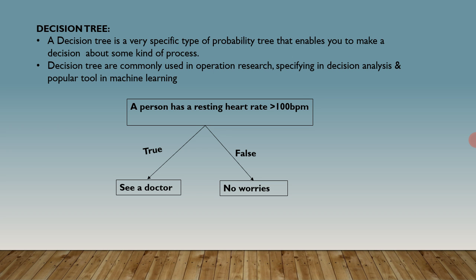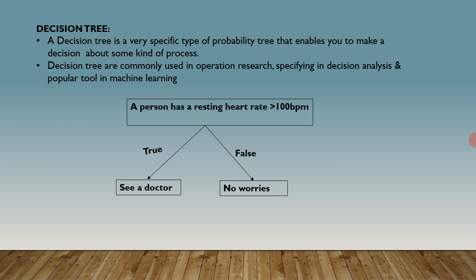Here is a sample decision tree. Let us check. A person has a resting heart rate greater than 100 bpm. Here there are two possible outcomes, true or false. If it is true, then that person had better see a doctor.